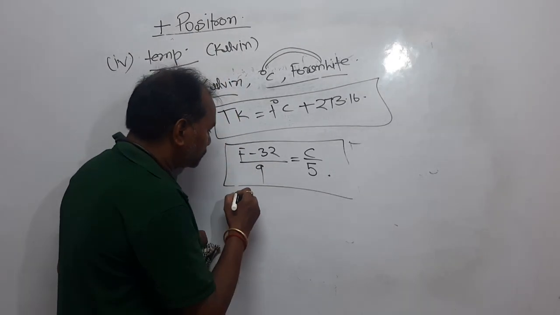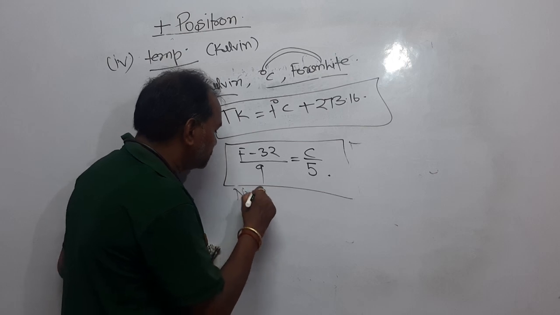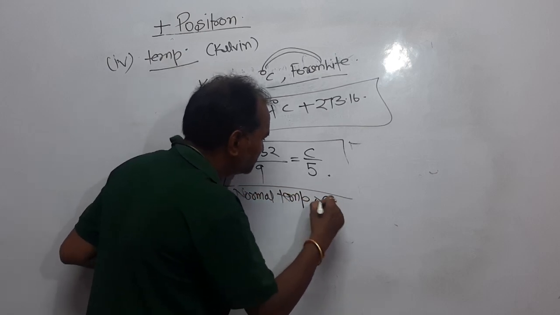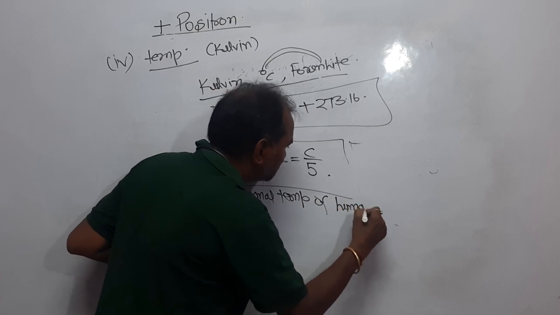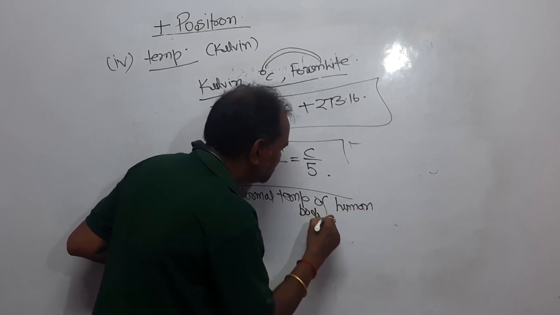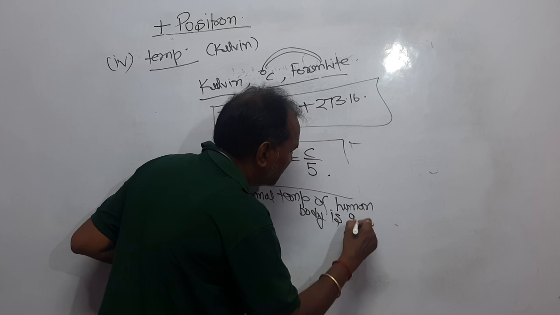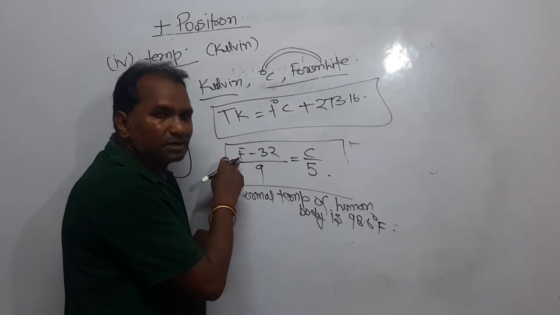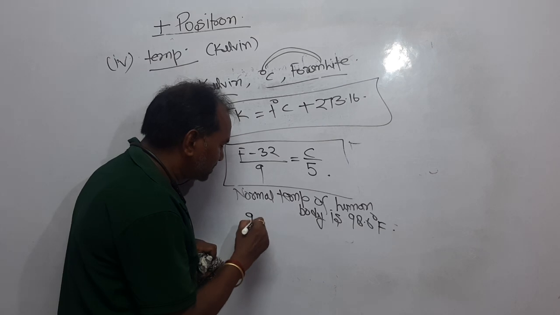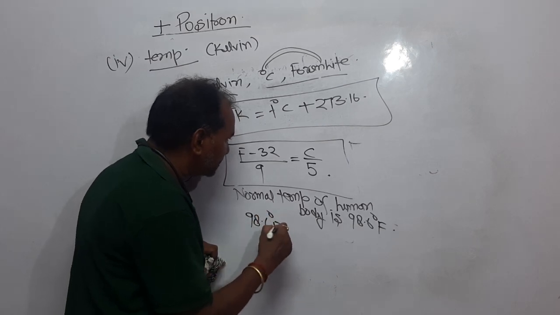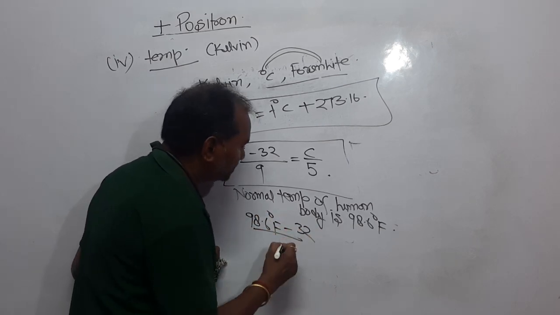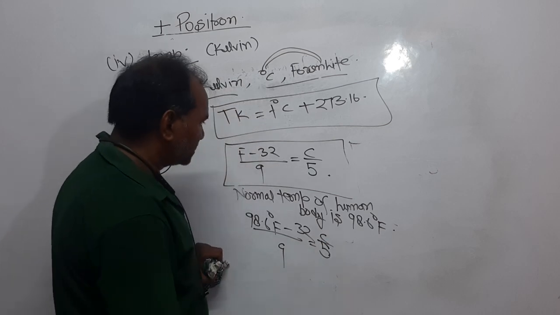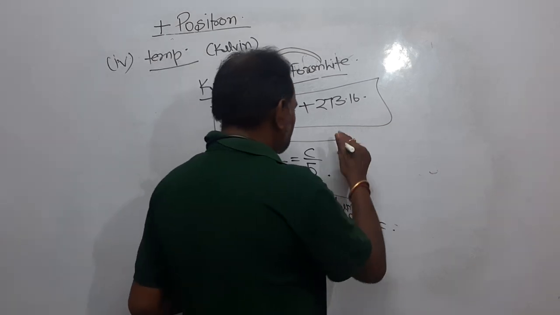You know, the normal temperature of the human body is 98.6 degree Fahrenheit. If you put this value here, you will get 98.6 degree Fahrenheit minus 32 upon 9 is equal to C by 5. Now solve this. What result you get would be interesting to know.